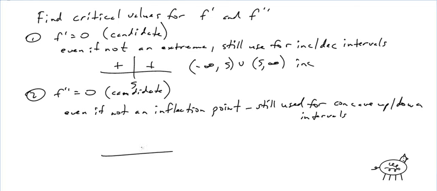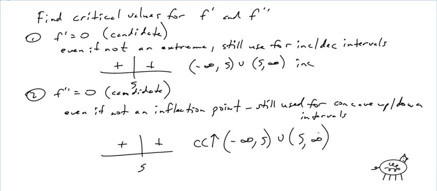Same thing: I could put a 5 here and a plus, and you would tell me it's concave up between negative infinity and 5, union 5 and infinity, because f double prime is greater than 0.